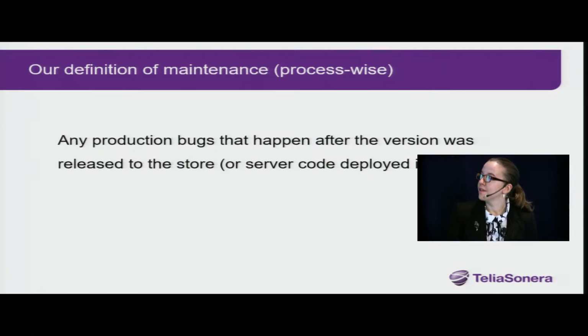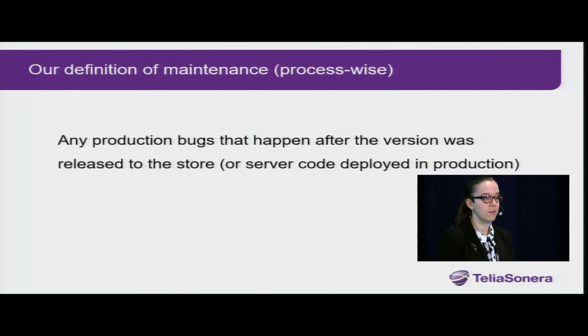And I will start with our definition of maintenance, because I work with one of the large projects that we have for app development, and our apps go to more than 1 million customers. When we started working in an agile way about 1 or 1.5 years ago, we needed to define what we mean by maintenance.